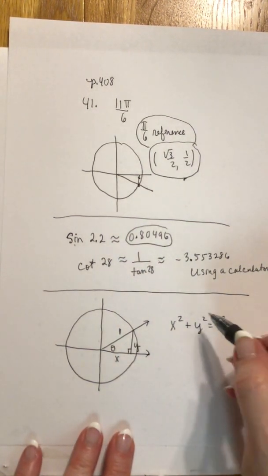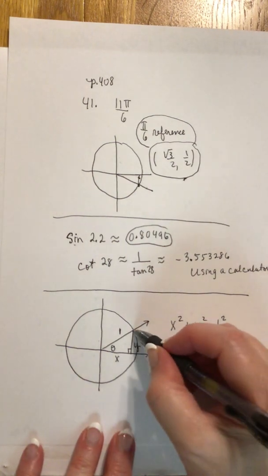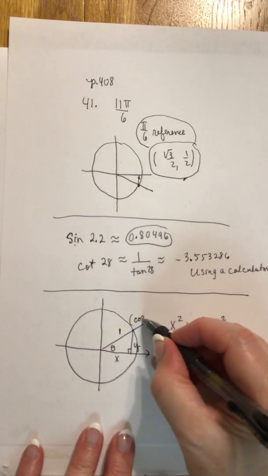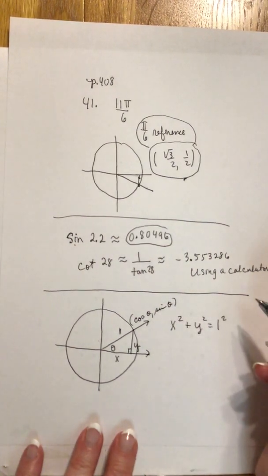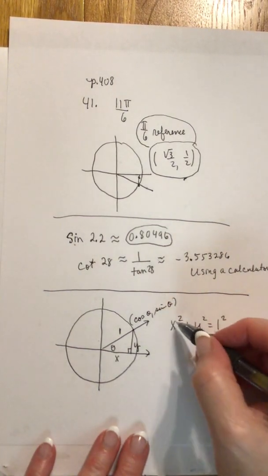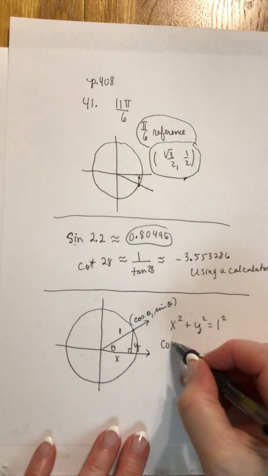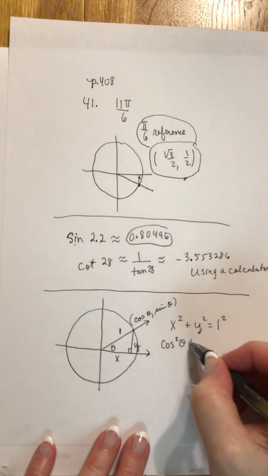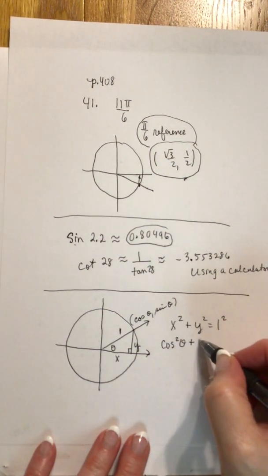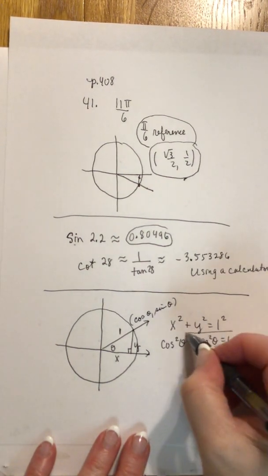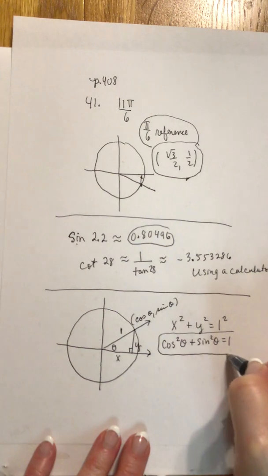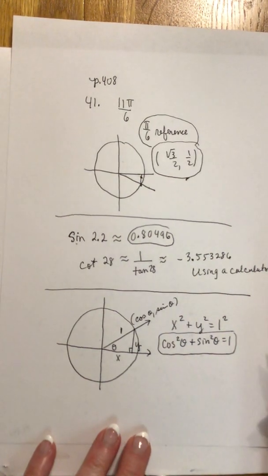But we know that in the unit circle this x comma y is cosine theta comma sine theta, right? So we can put in the x is cosine. We would have cosine squared theta plus, put the y in, sine squared theta equals 1. And there would be a Pythagorean identity that we could use to solve.